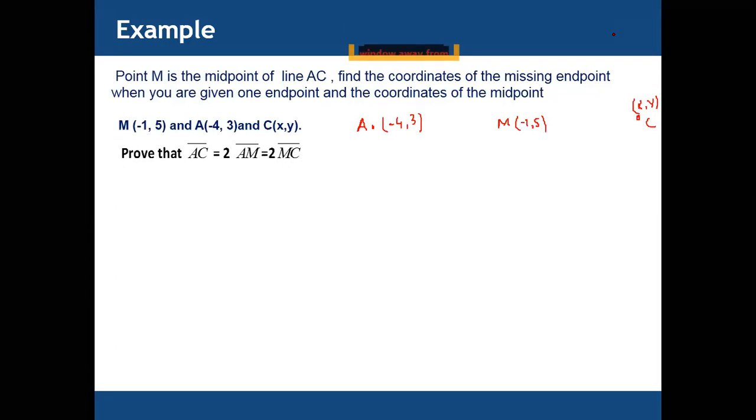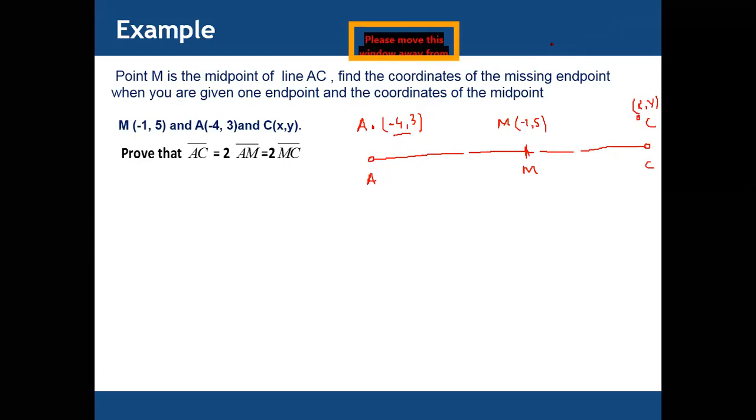So how can we find these missing coordinates? We have one line starting from A to C. Point A coordinates are given, the midpoint is also given, but point C is not given. So how can you find the missing points? Then I will also draw the xy plane for this.